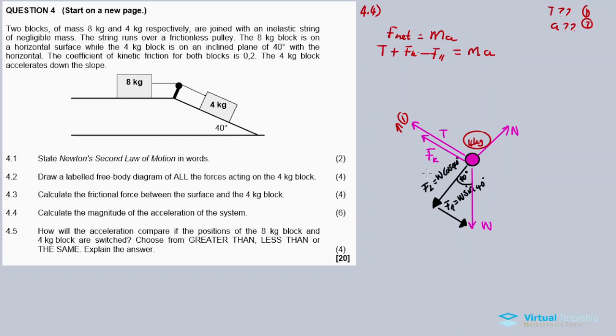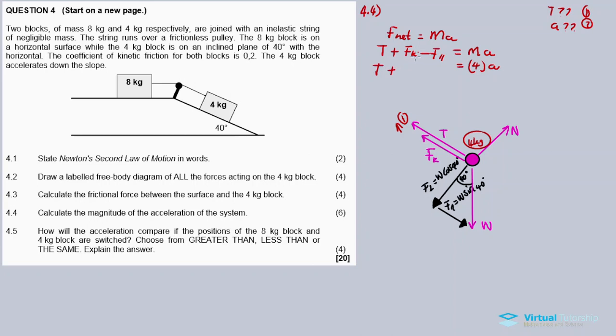So the normal force, the F perpendicular, the weight, you don't consider them, since the object is moving down the incline. If the object was moving up, then we'd consider N and F perpendicular. But since the object is moving down the incline, it means we use the forces that are parallel to that incline. Now we substitute. What's the mass? It's 4. Acceleration is unknown. Tension is also unknown.